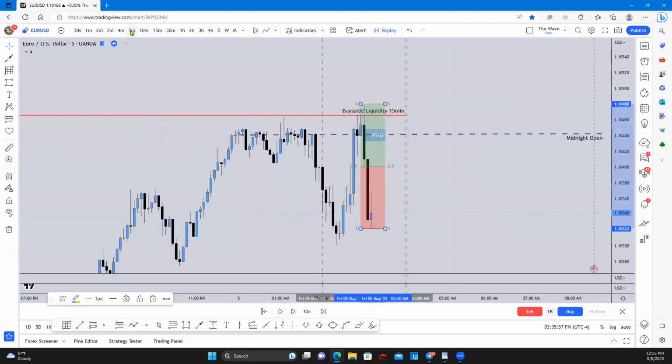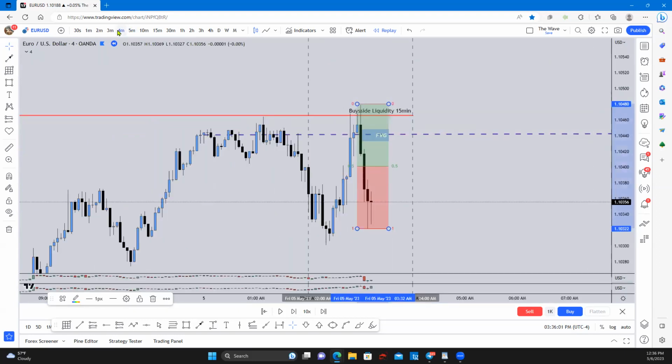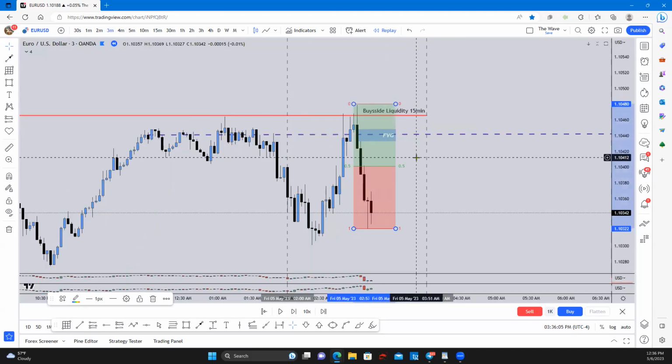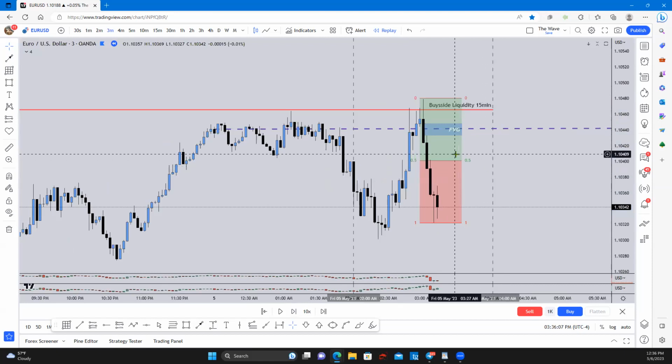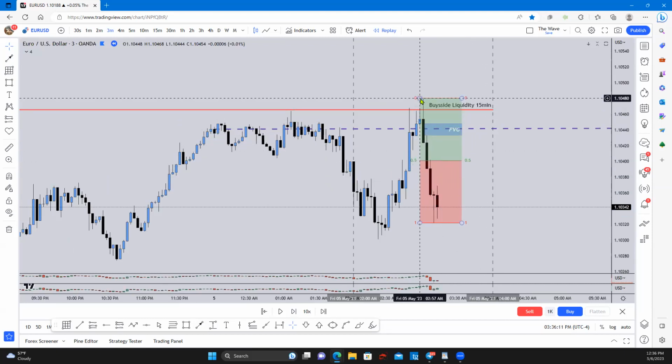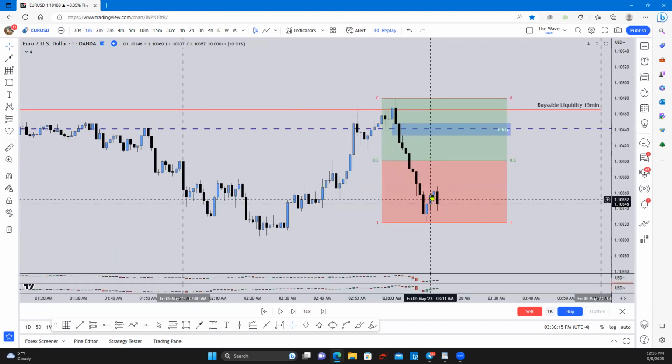You can also go to the 5 minute, right? 4 minute, 3 minute. So right here, the 3 minute, we want to take anything above 50% of this run here. Because on the 1 minute, you see we started to get a small pullback.